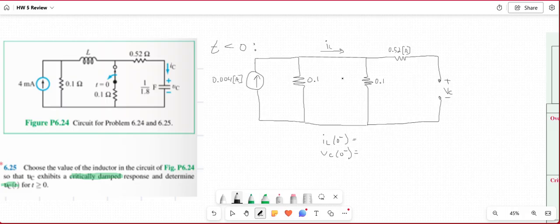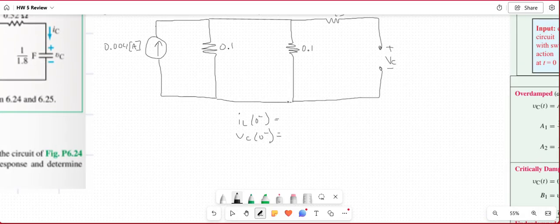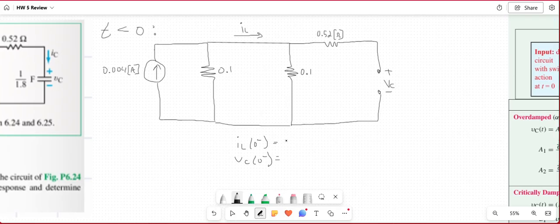Short circuit current. So we can do a current divider. So we can do 0.004 times 0.1 over 0.2. That's going to equal 0.002 amps.